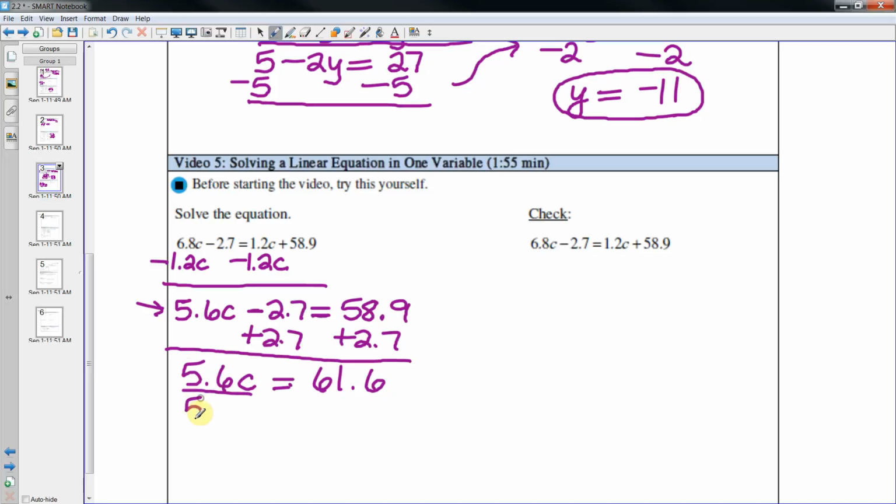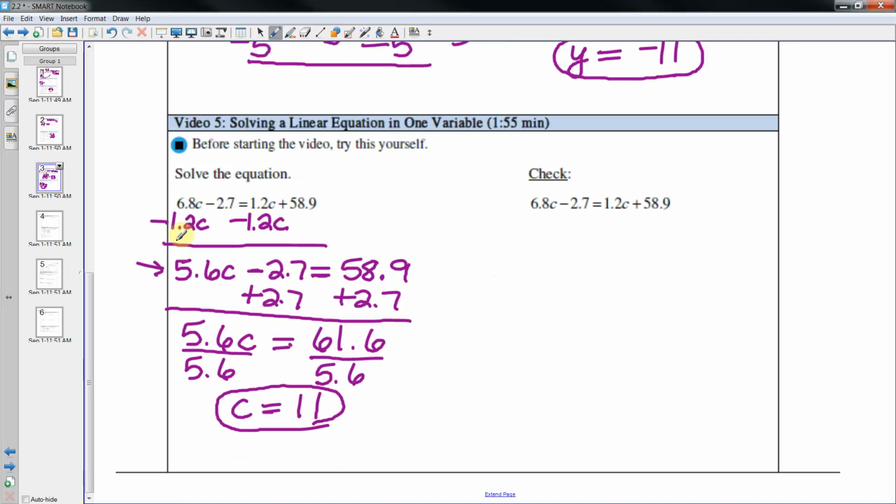And now we're going to divide by that 5.6. So if I take 61.6 divided by 5.6, I get 11. Comes out nice. So you don't have to worry about clearing decimals. I don't really concentrate on that because you're using a calculator for those decimals, and that's just fine with me.